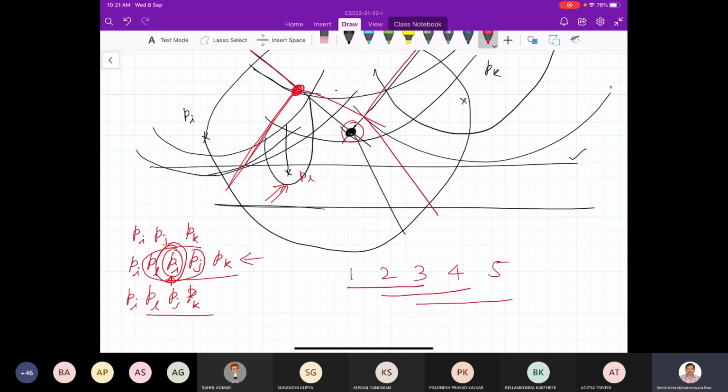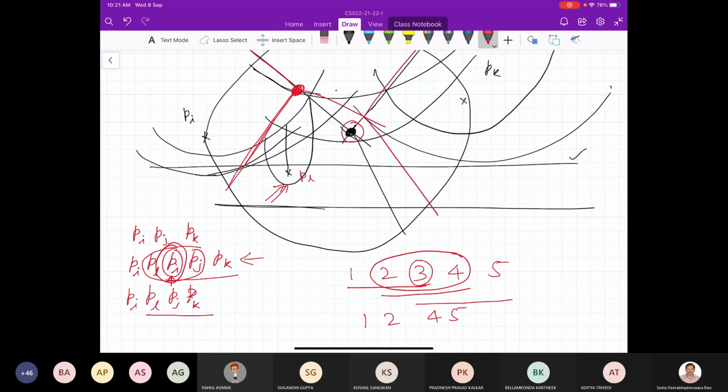All three of them may define circle events. Suppose out of these three, one will take place before the others. Okay, so some sequence will be there. Assume that 2, 3, 4 is taking place first. That means the circle event corresponding to 3 is taking place. 3 is going out.